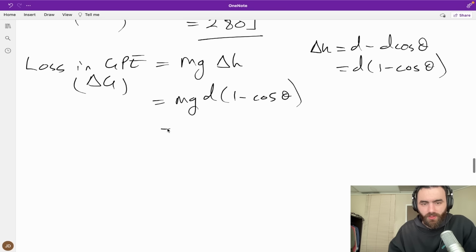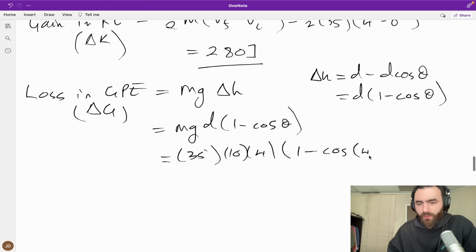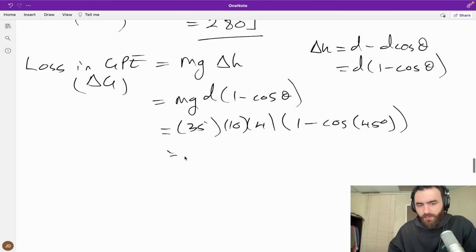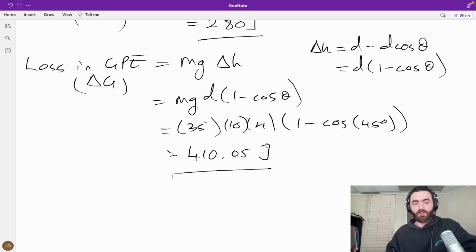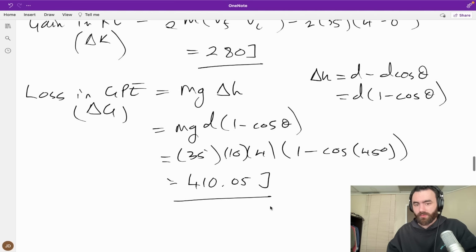You plug all that in: mass is 35, times 10, times 4, times 1 minus cos theta, which equals 400, 110 joules. So our loss in gravitational potential energy is this, right?